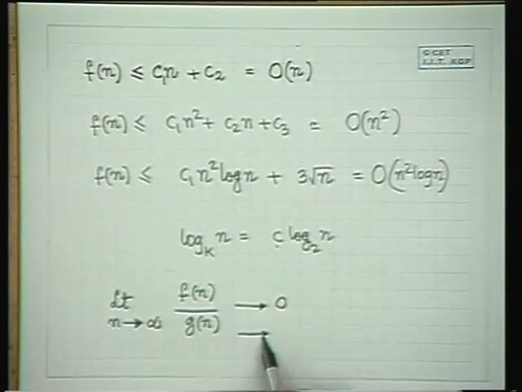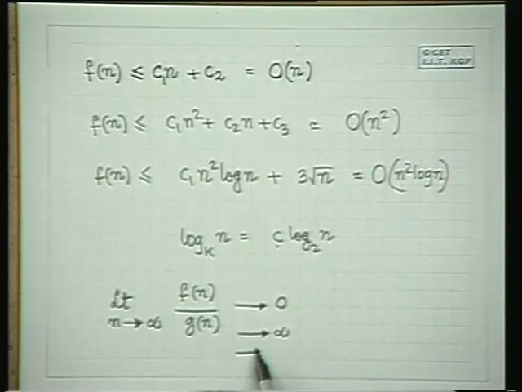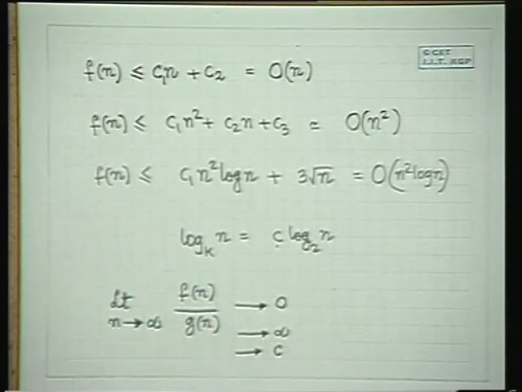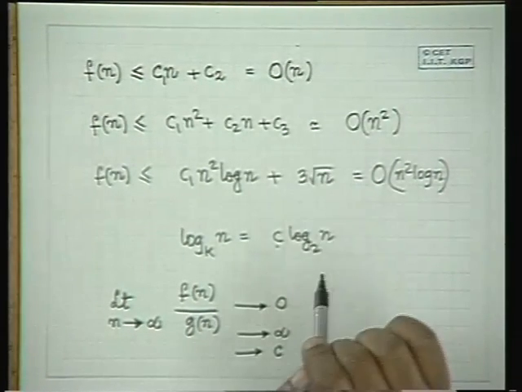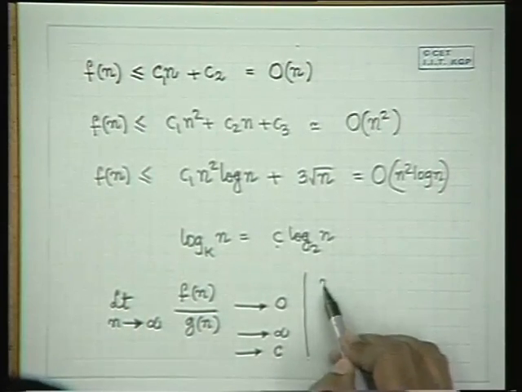If it tends to infinity, then this is better than this. And if it tends to a constant c, then both are of the same complexity. So this is the terminology that we will use to compare the times when n tends to large.